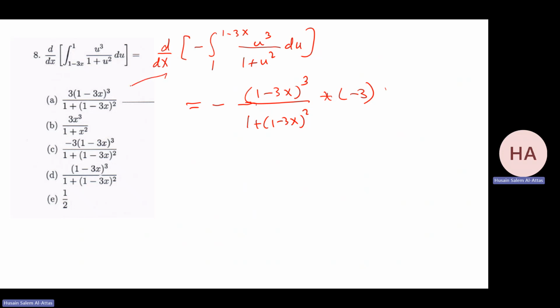I'm getting the answer. But I forgot to integrate this, so that gives me 1 minus 3x cubed over 1 plus 1 minus 3x squared. No need to do the calculation. That's it.